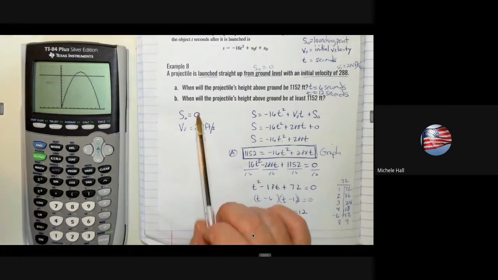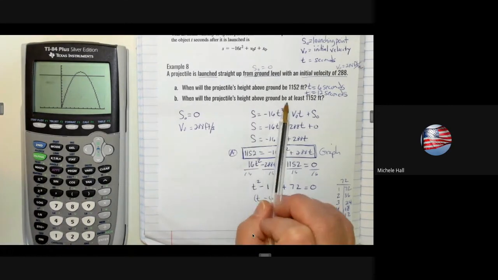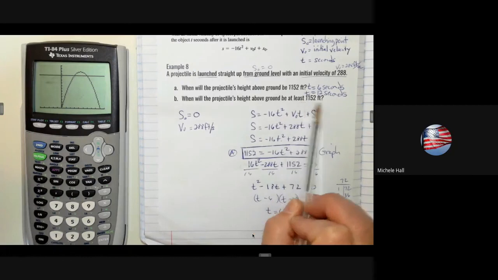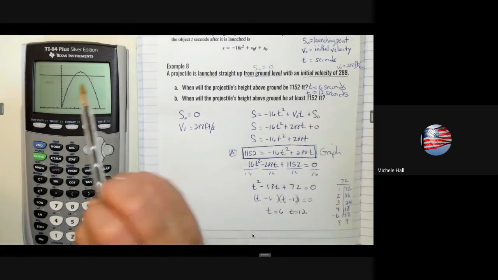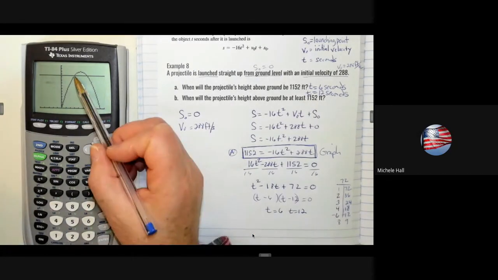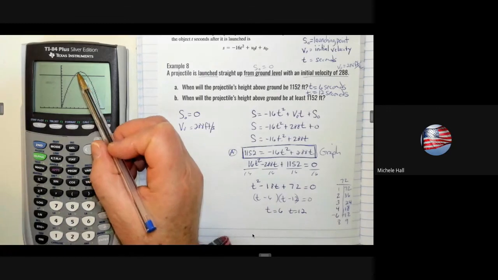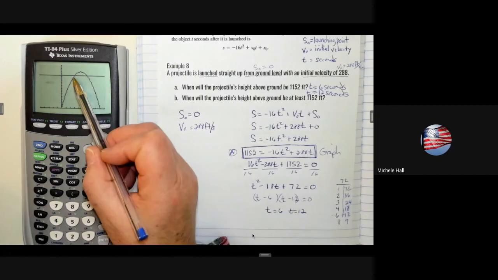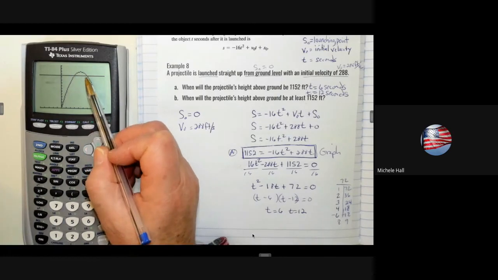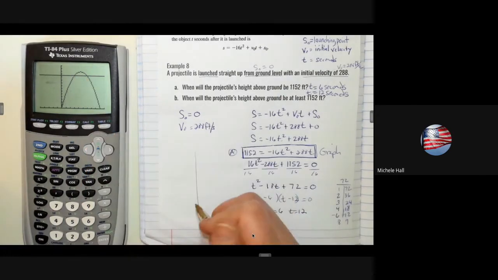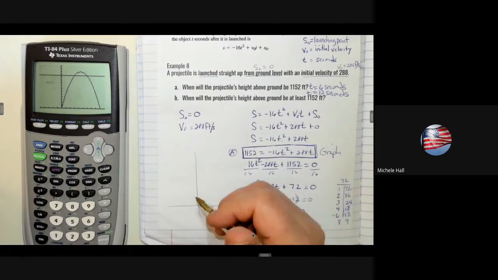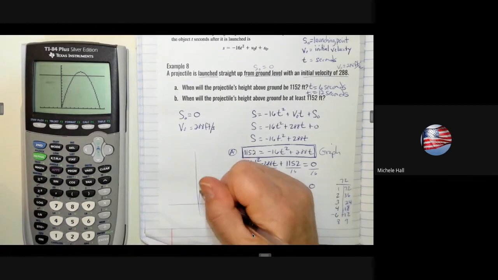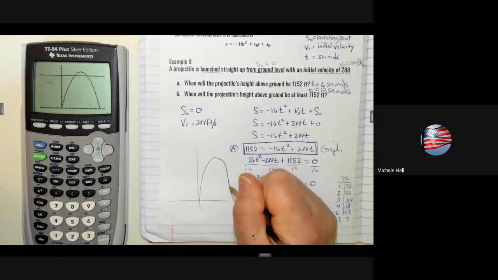When will the projectile's height above the ground be at the very least 1152? That would be starting here and all the way to here. That's at least 1152. We're between 6 and 12. That includes 6 and that includes 12. This graph, we have it up and down again.